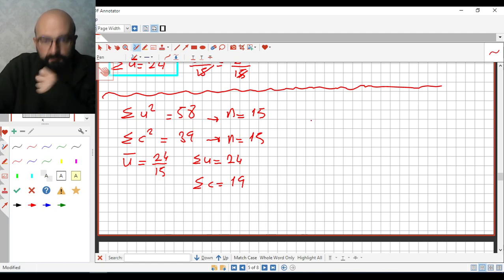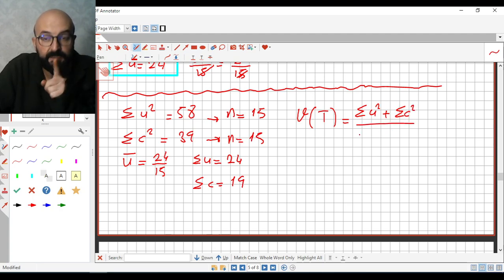And if we want the variance of both groups, for example T, we write the sum of u square plus the sum of c square over, please notice that Upchester United has 15 matches, and also Upchester City has 15 matches.